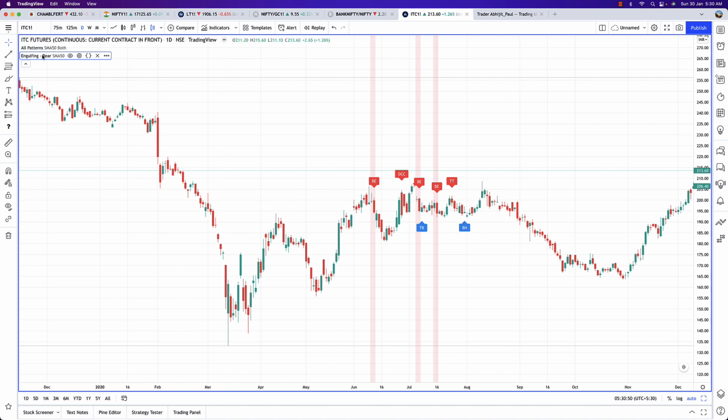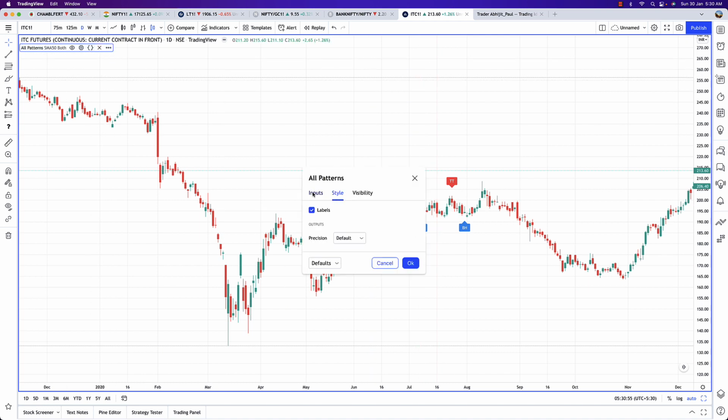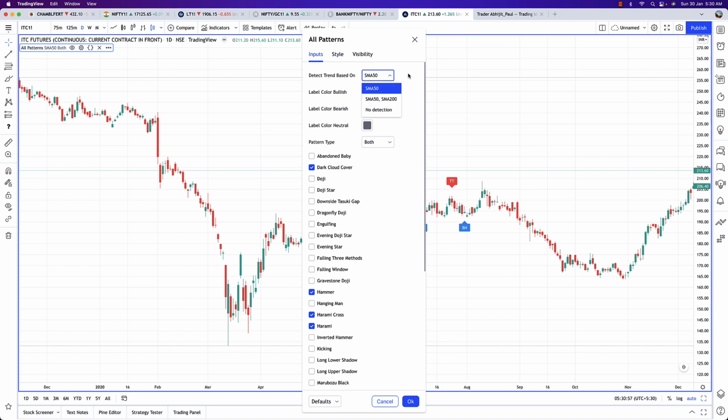It doesn't have an option for us to change the moving average. It would have been really good if they updated this, letting us decide at least the moving average based on which we want to decide the trend. But nevertheless, 50 SMA, we will take it.